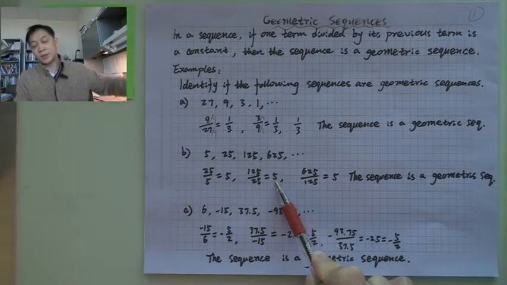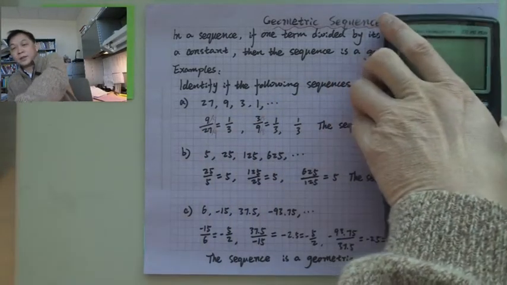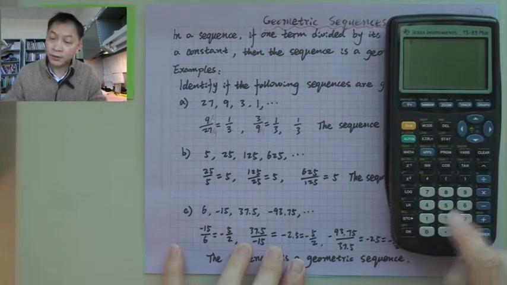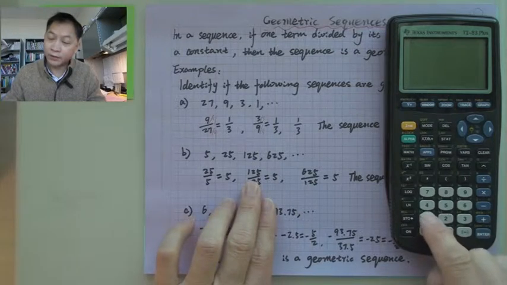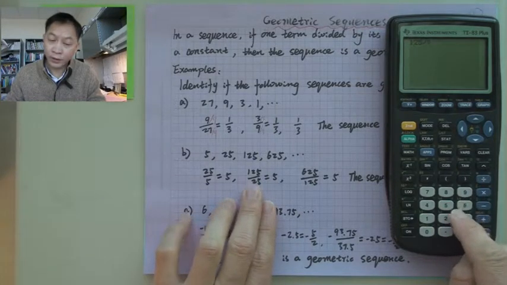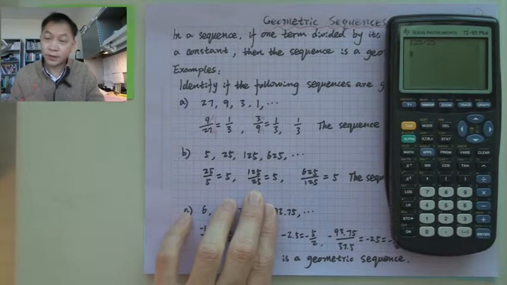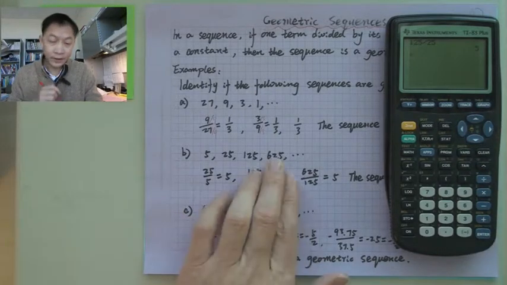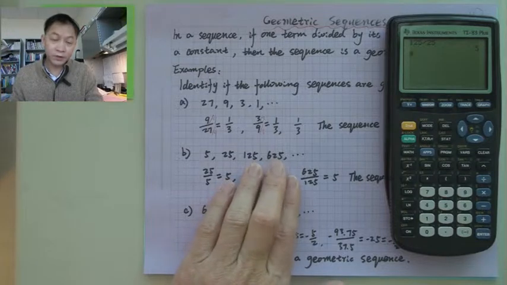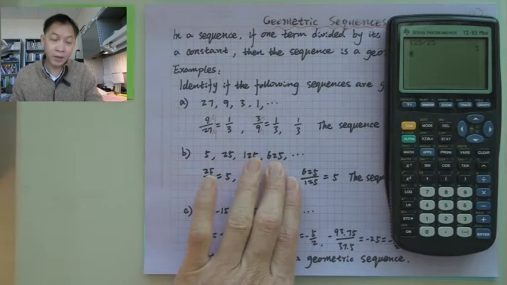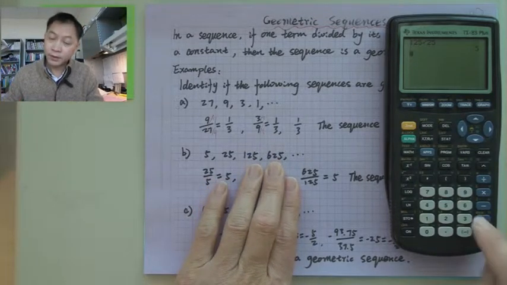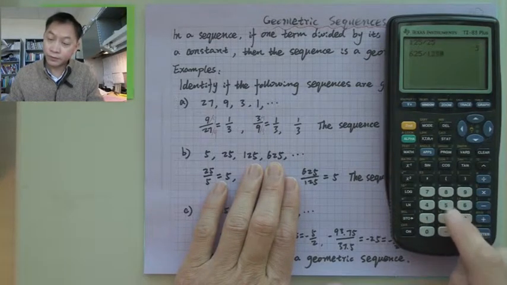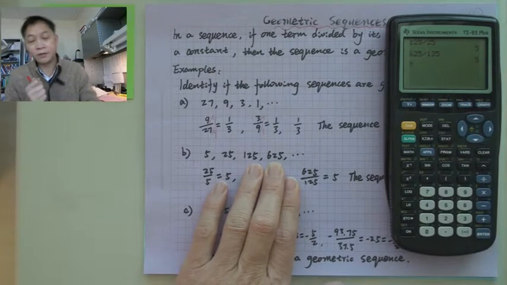And 625, the fourth term, divided by the third term, 625 divided by 125, this again is 5.